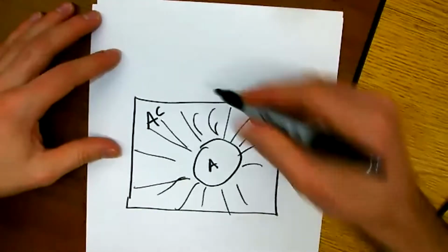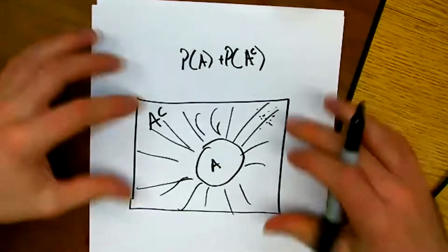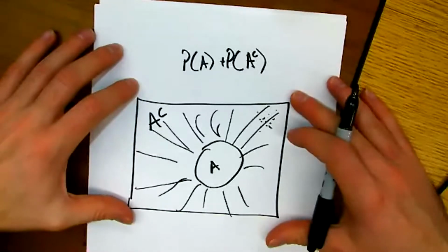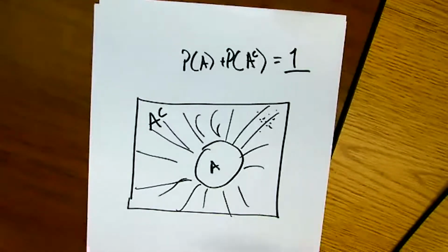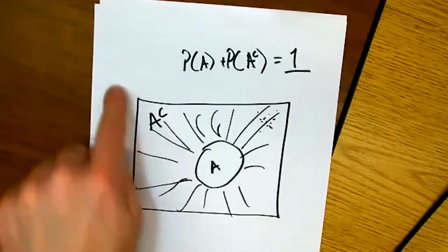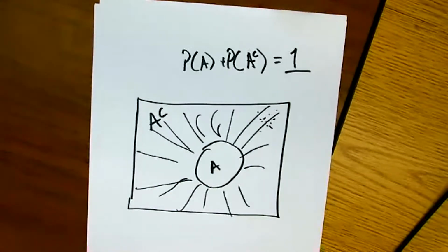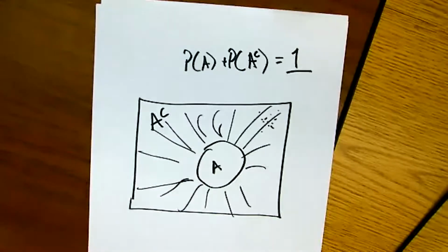So if I take the probability of A and add to it the probability of A complement, those should add up to this entire space, which had an area of 1. So it doesn't matter where the event is. If we take the probability of an event plus the probability of its complement, we'll always fill out all the possible experimental outcomes in that space. So an event and its complement, those probabilities will always add up to 1. I think we'll talk about this again next week more formally. It's called the complement rule, but I just want to introduce this idea now. Okay?